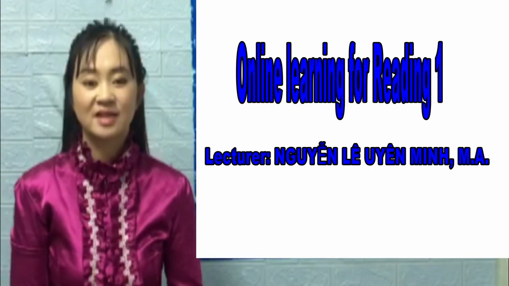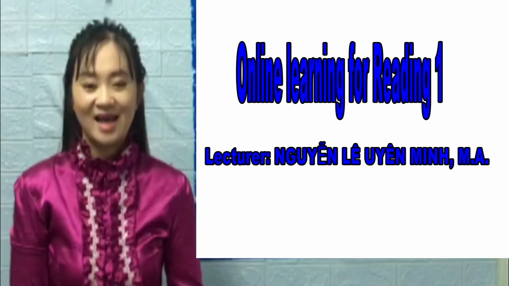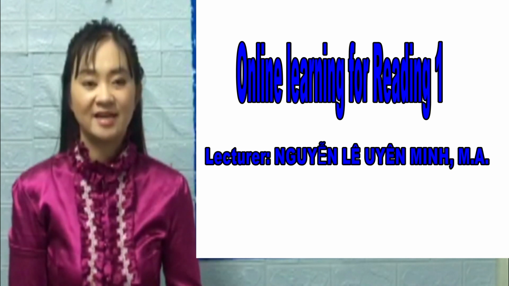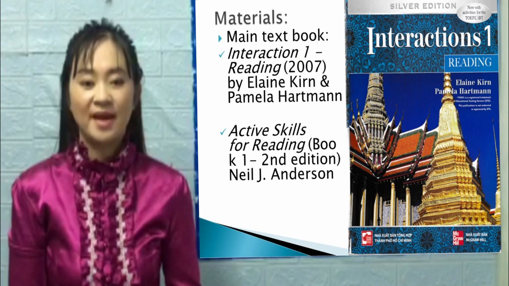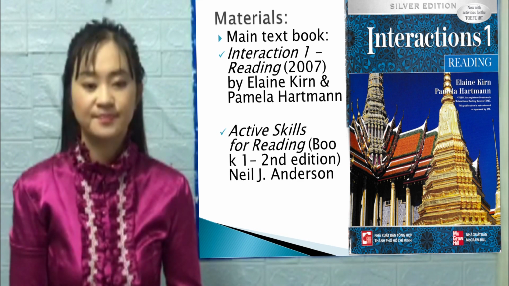We met last time 2 months ago, and we know each other already. I gave you an overview of the course. Now I'll say it again. We use the main textbook Interactions 1 with 10 chapters.